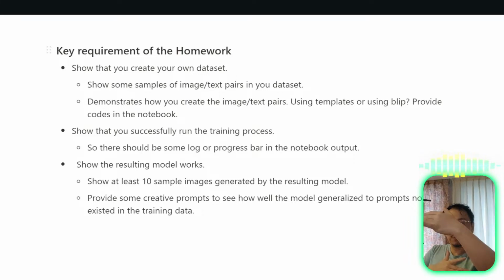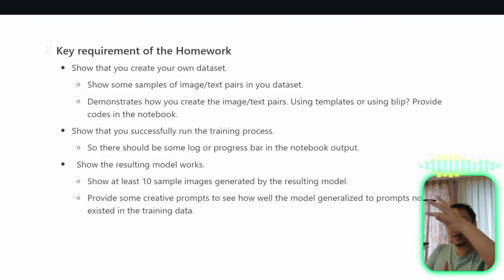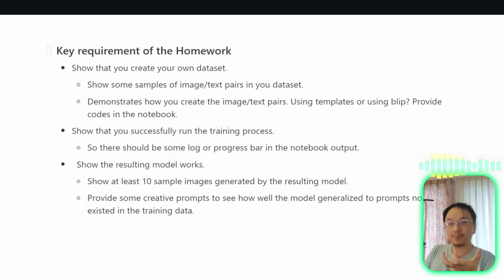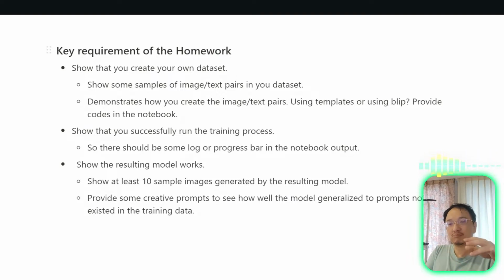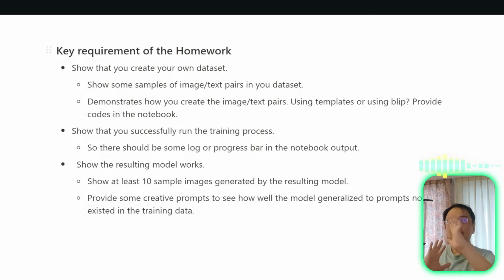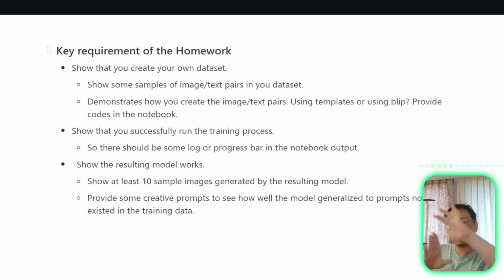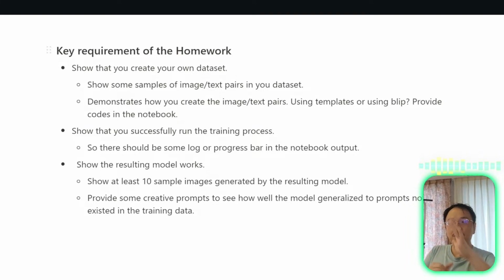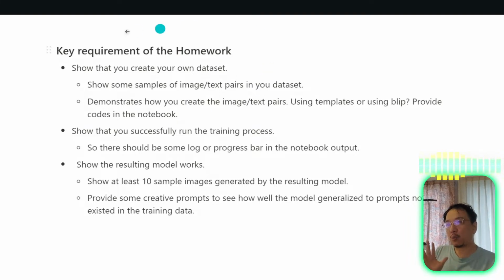Or maybe the website already contains some description of its images, not in the ALT text, but maybe in a table or in a div. But you need to let us know in the notebook how you generate the text. That is one key point.